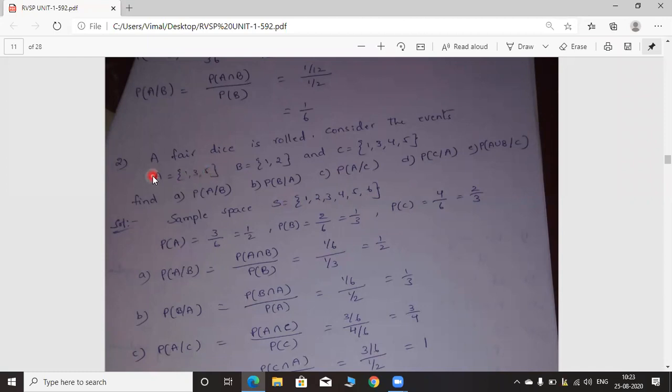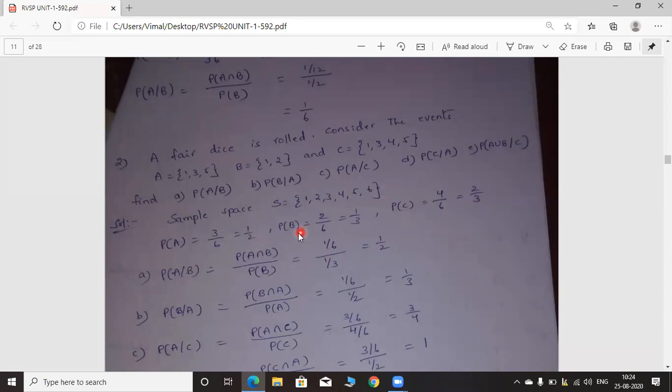We have 3 outcomes in event A. So probability can be found by 3 by 6. We have 6 possible outcomes in the sample space. So you have to write 3 by 6. You will get 1 by 2.